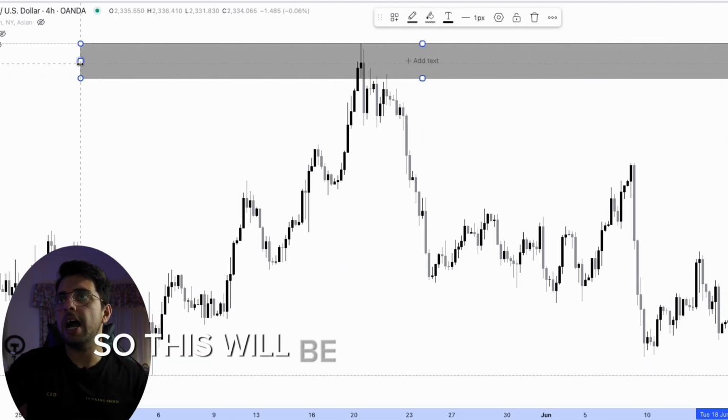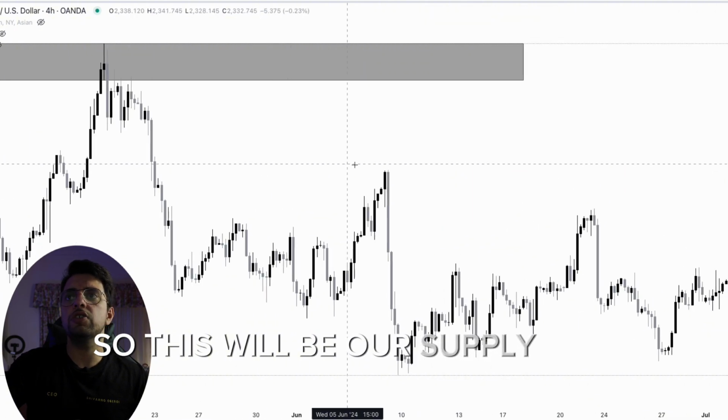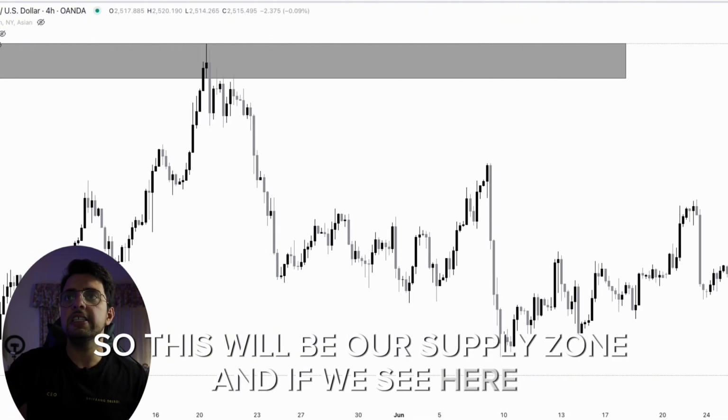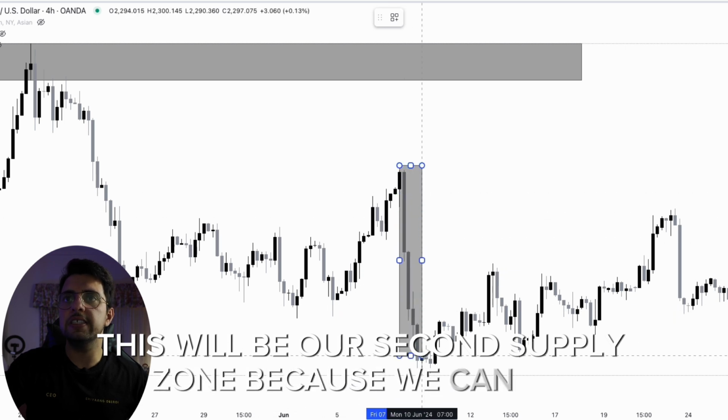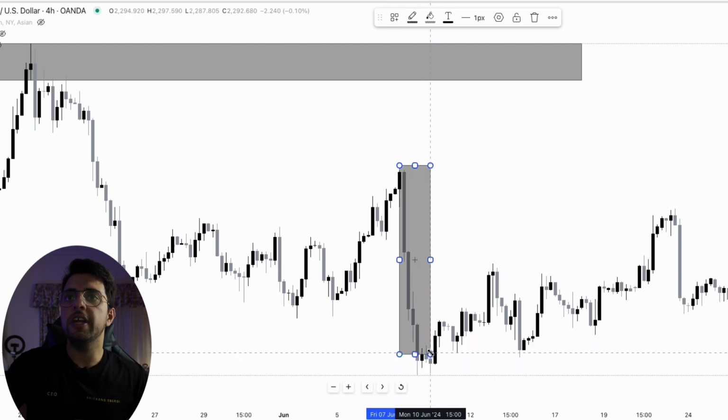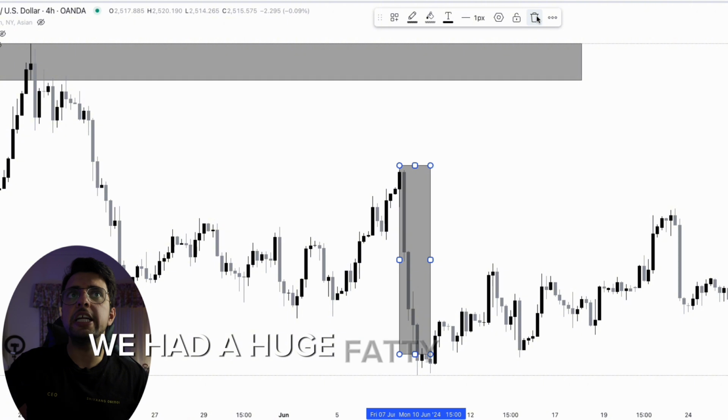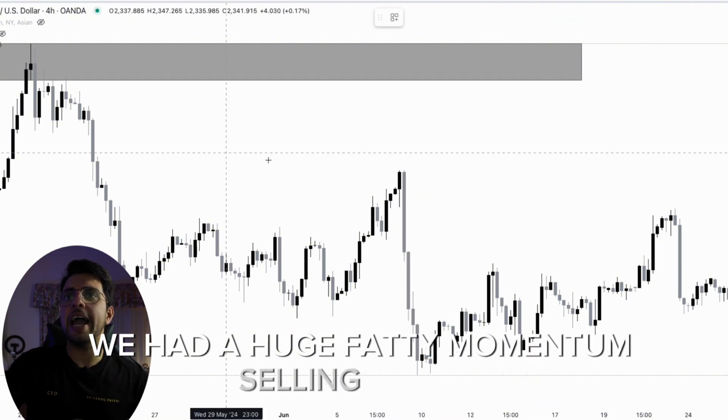So this will be our supply zone, and if we see here, this will be our second supply zone, because you can have a look, we had a huge fatty momentum selling candle.